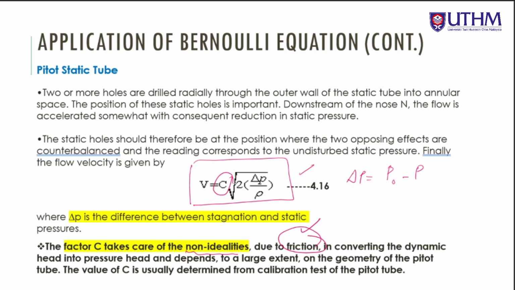In the instrument itself, C is usually determined from a calibration test of the pitot tube. So this equation you should be familiar with. The concept is similar, except the pitot static tube combines both functions in one instrument.